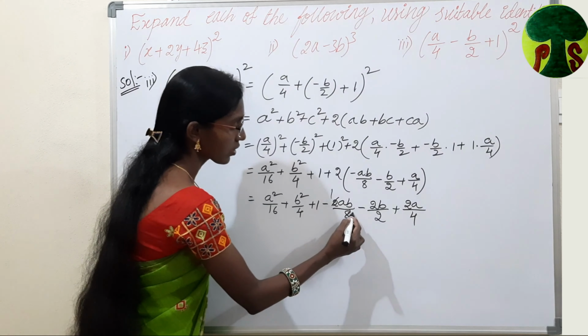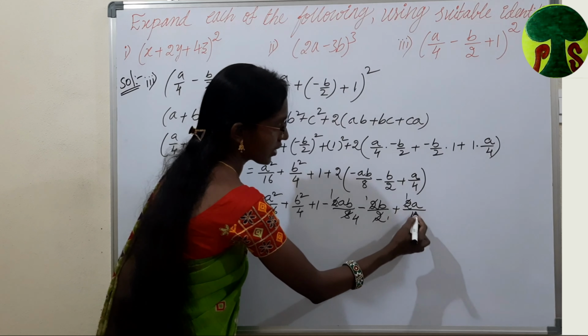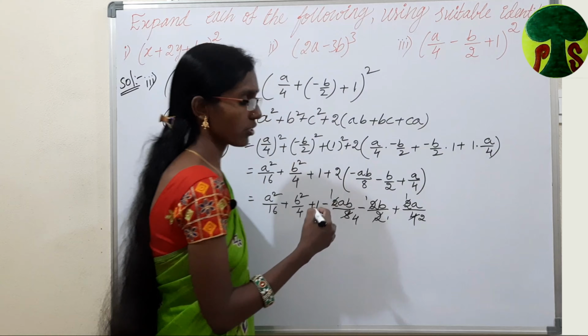Here 2 ones, 2 fours; here 2 ones get cancelled, 2 twos get cancelled.